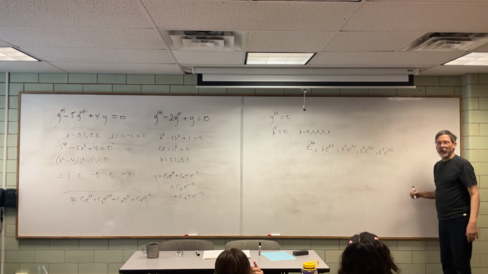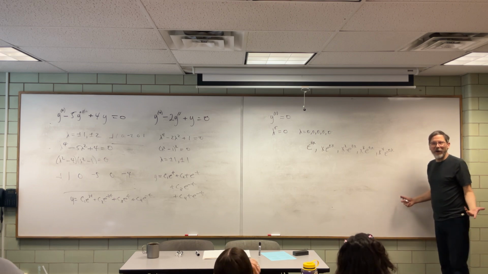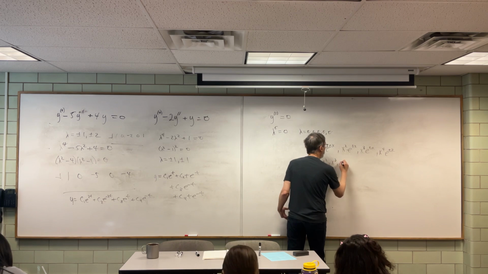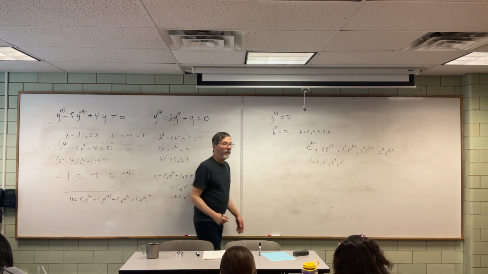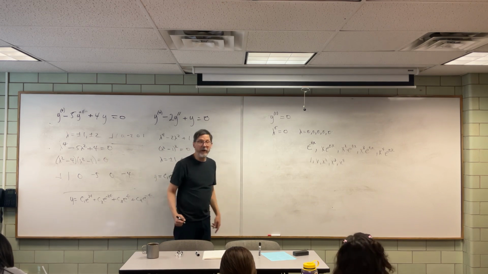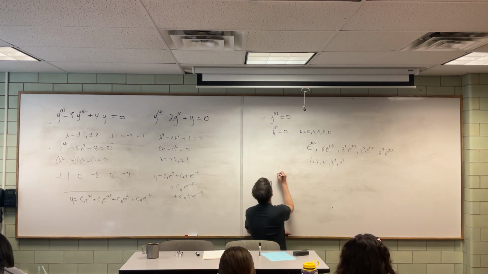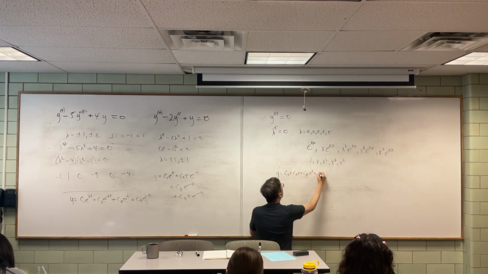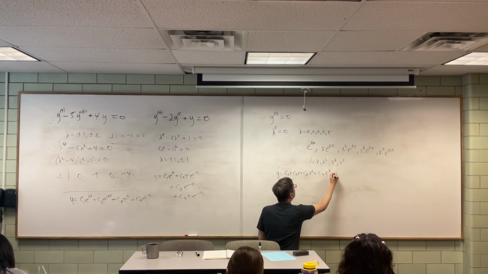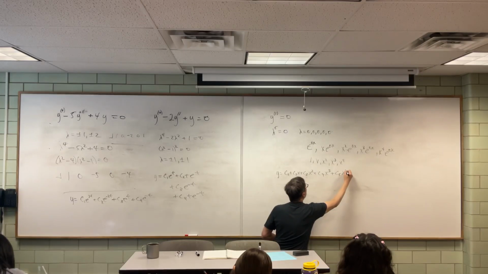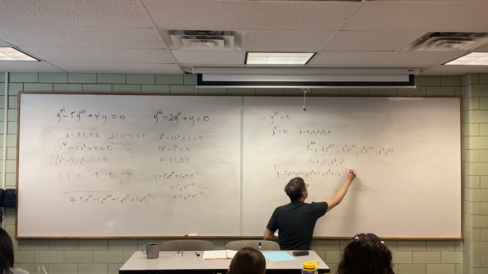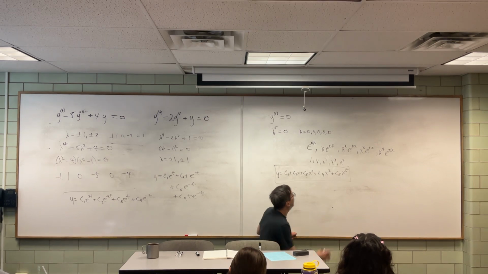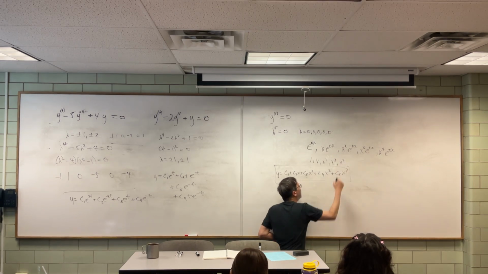I wouldn't write those e to the zeros, those are just 1. So what are my solutions? 1, x, x squared, x cubed, and x to the fourth. So just a fourth degree polynomial will satisfy that. Here we have y equals c1 plus c2 x, c3 x squared, c4 x cubed, plus c5 x to the fourth.